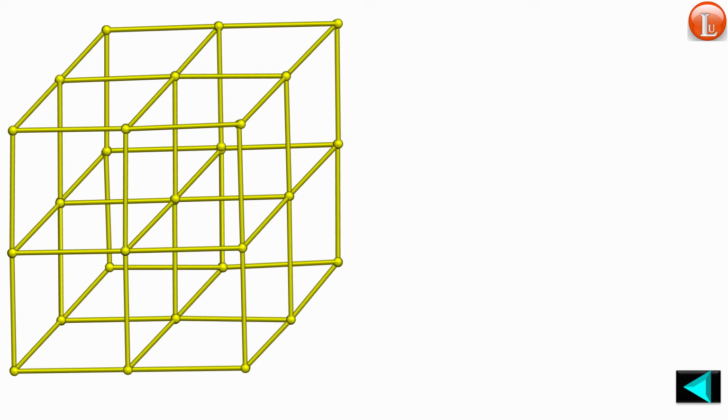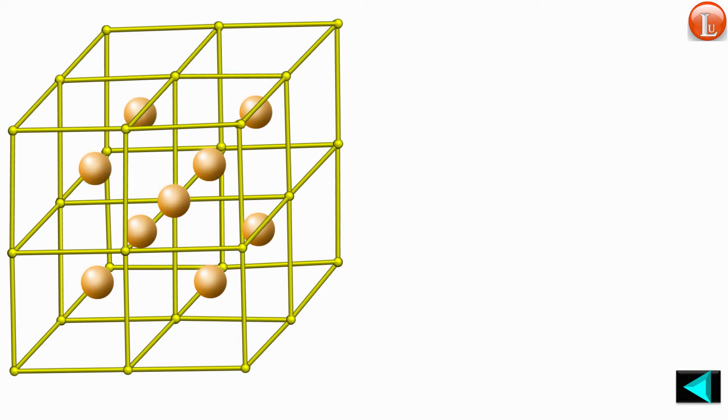So now remember, this is the corner atom. In a body-centered cubic unit cell, you have corners and body centers. Now what I'm going to do is draw the body-centered atoms of all the 8 cubes. Body-centered: back left, forward right, backward right, backward left, forward left.